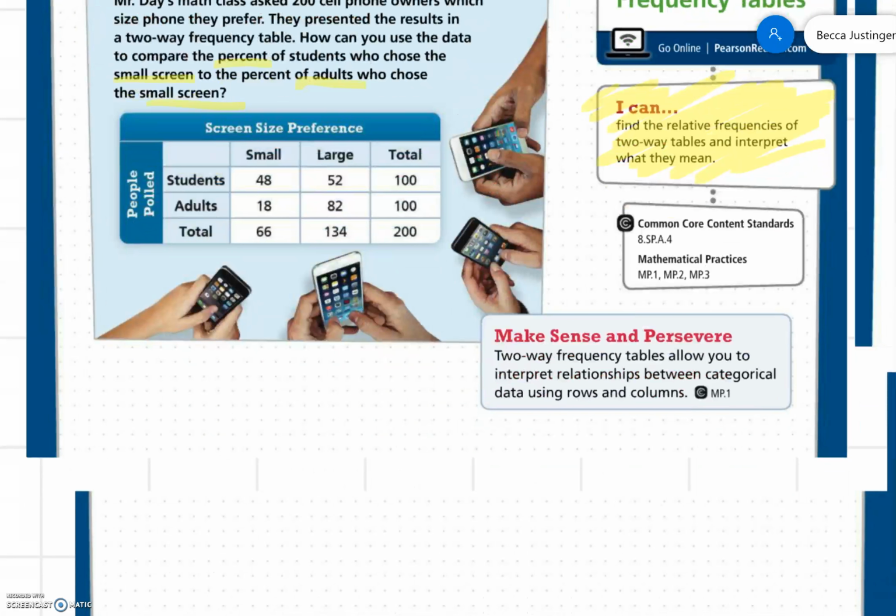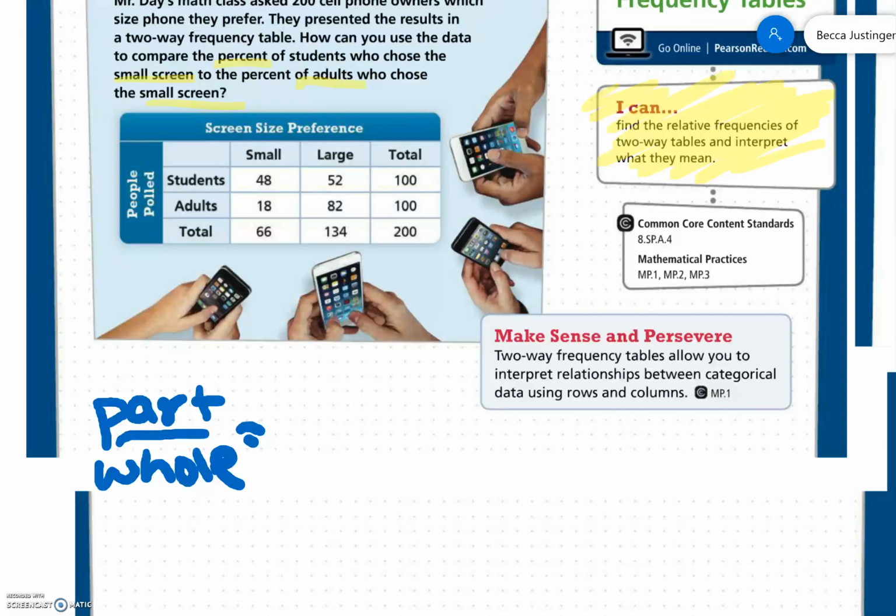All right, so percent. Percent goes back to part over whole equals percent over 100. Remember that from last year. Percent of students who choose small screen. So there are 48 students who choose small screen out of a total of 100.